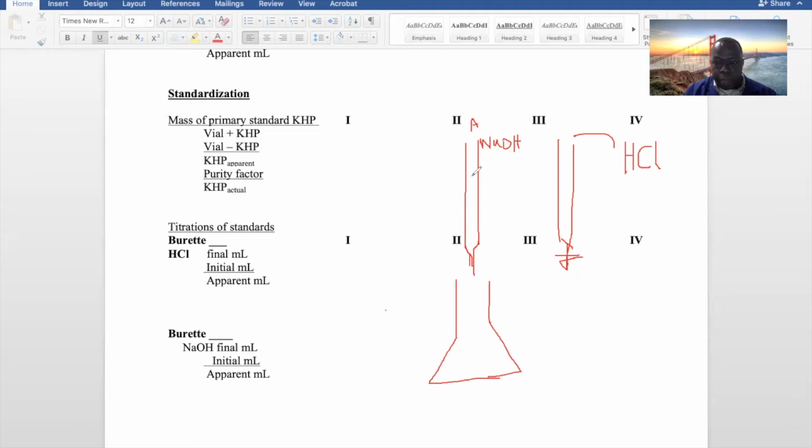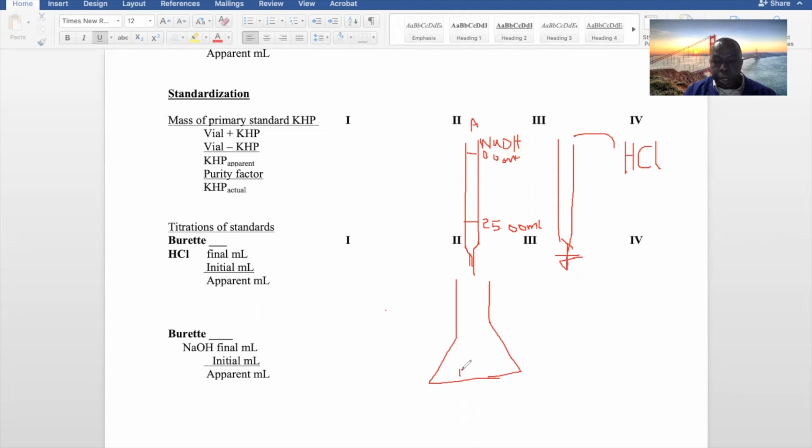I picked the initial volume to be 0.000 ml, and the final volume, hypothetically, 25.00 ml. This is the over titrated sample of KHP.